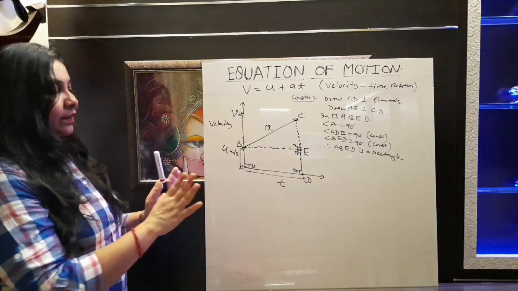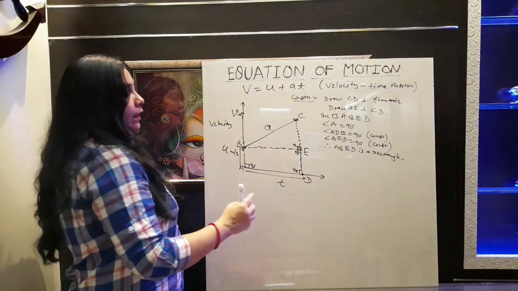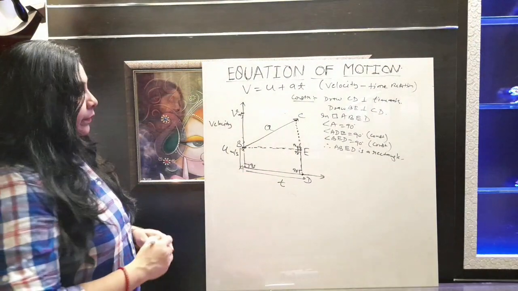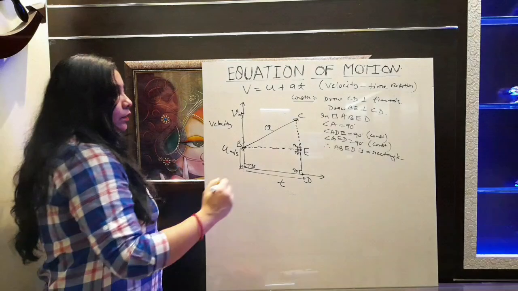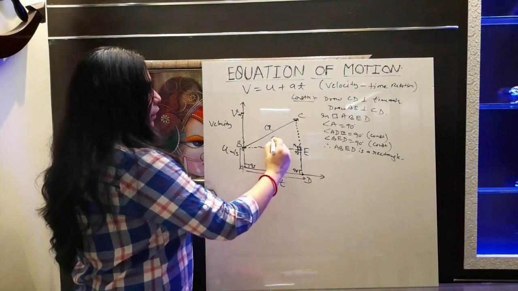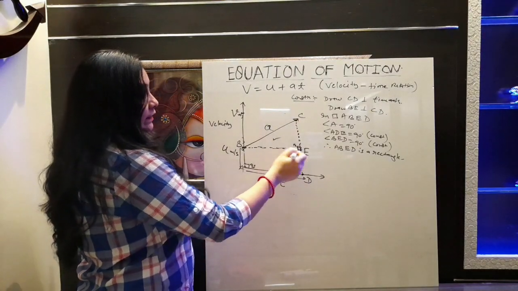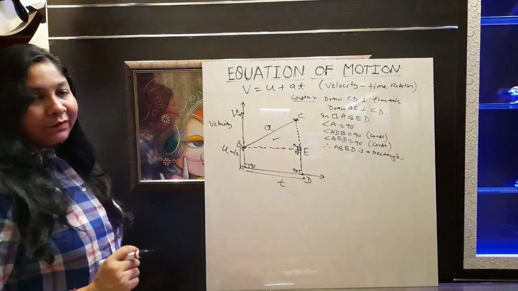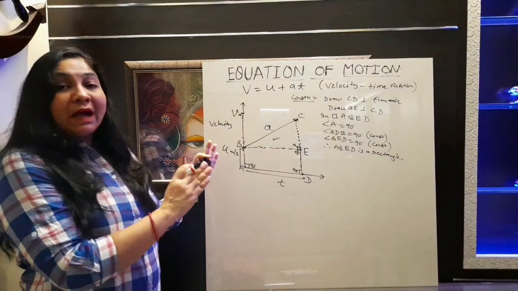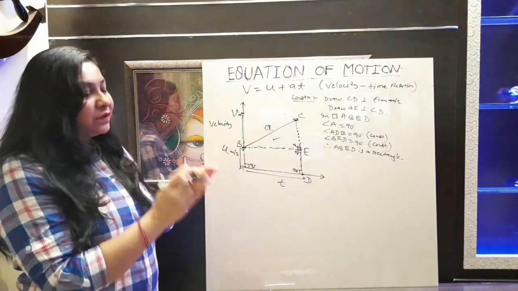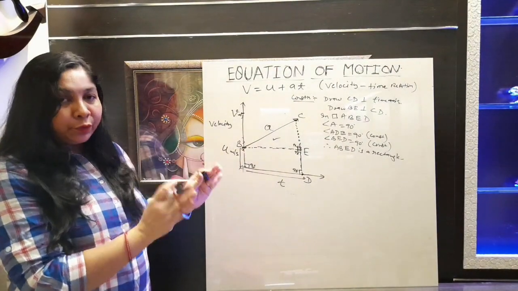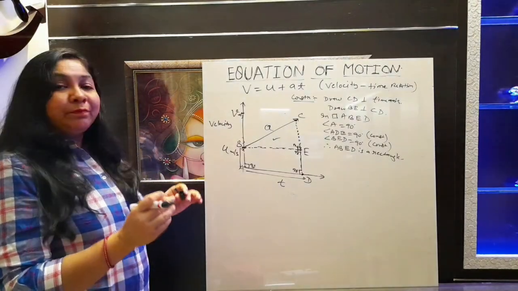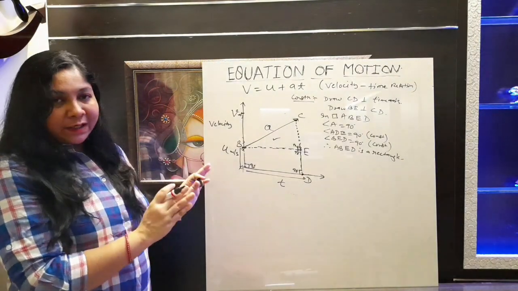Now this figure is a closed figure, and we proved this quadrilateral is a rectangle. This other part is a triangle, obviously a right angle triangle. This graph is very important to understand because we are going to use it to derive the second and third equations also. So please concentrate here.